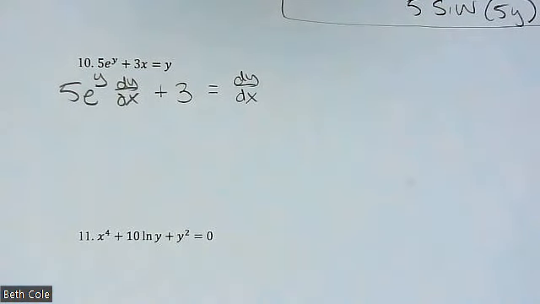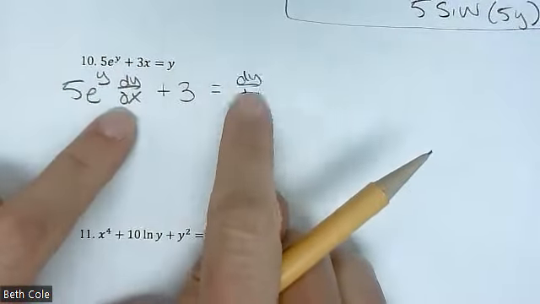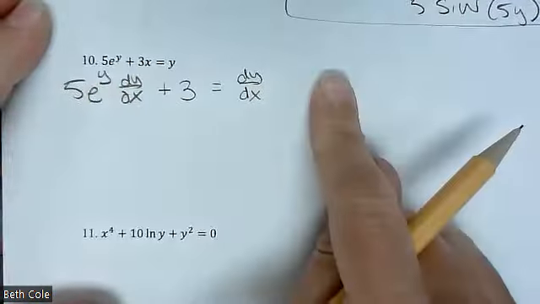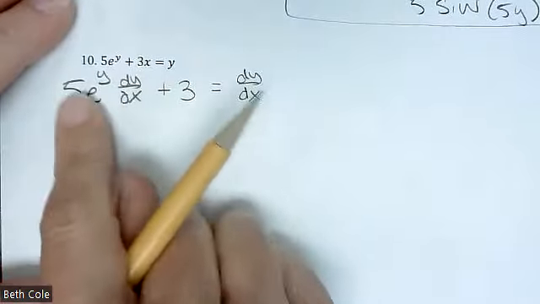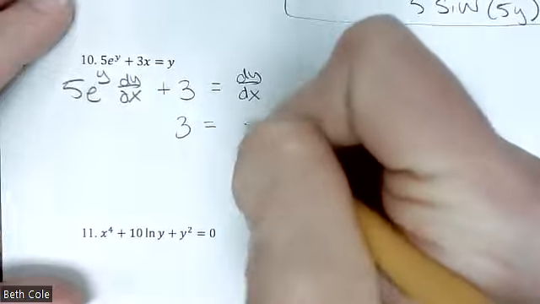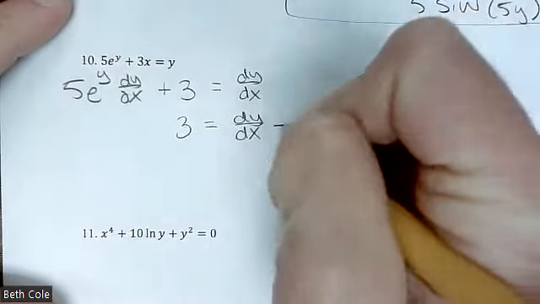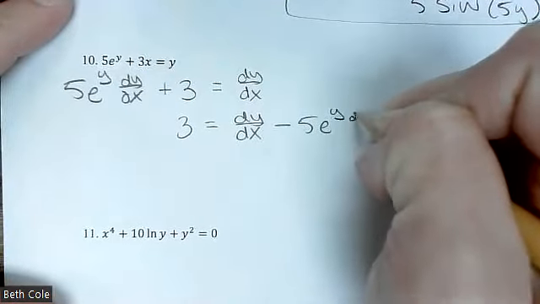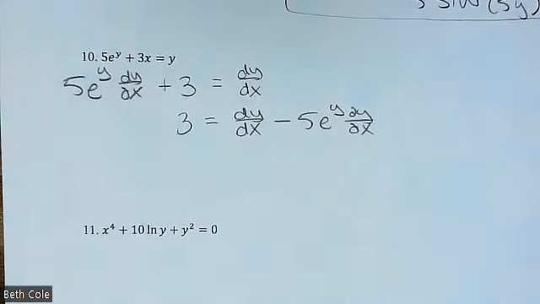Now, the algebra for this one's going to be a little bit tougher, because do you see how there's 2 dy dx's? The first thing you have to do is get them on the same side. So we're going to subtract over this whole thing. So we're going to get 3 equals dy dx minus 5e to the y dy dx. So you have to subtract that stuff to the other side.